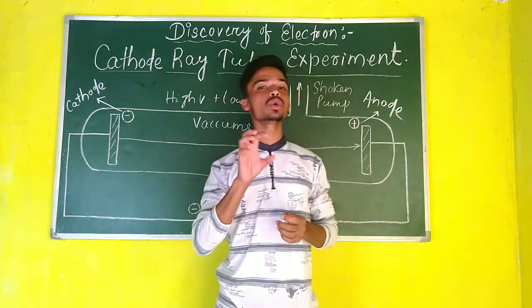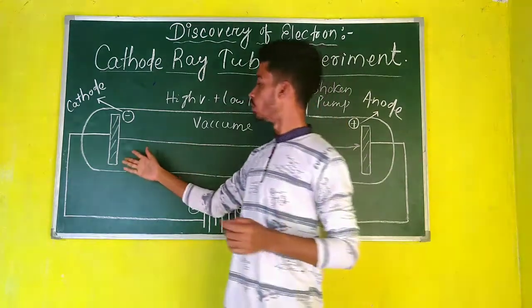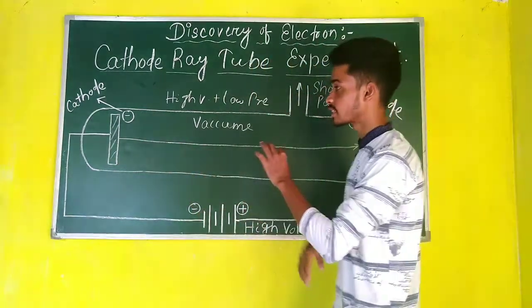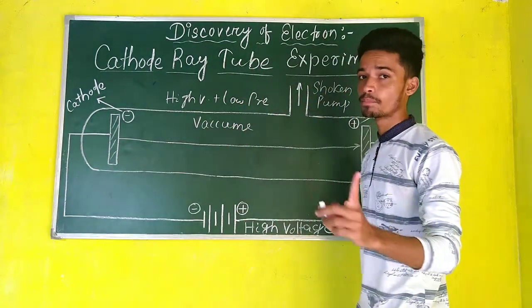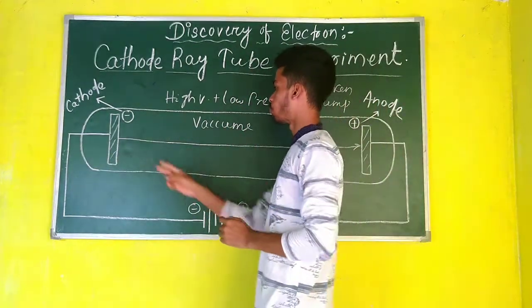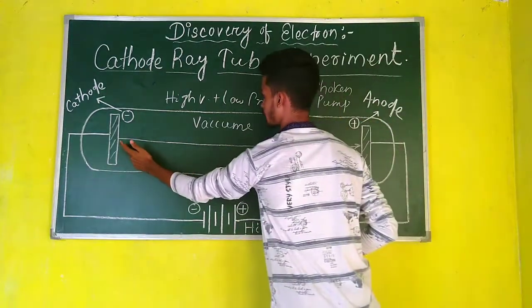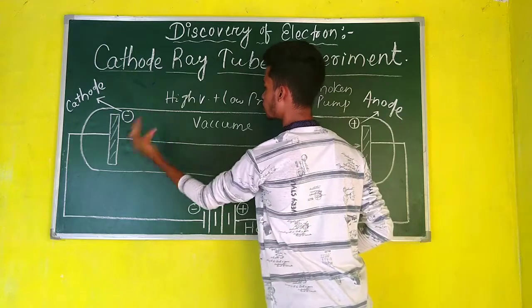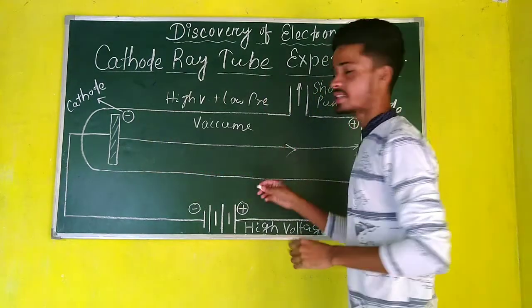So there is nothing present in the metal rod that will go towards the negative side or the positive side. Because one beam travels in a straight line from the negative electrode, the cathode, to the positive electrode, the anode.